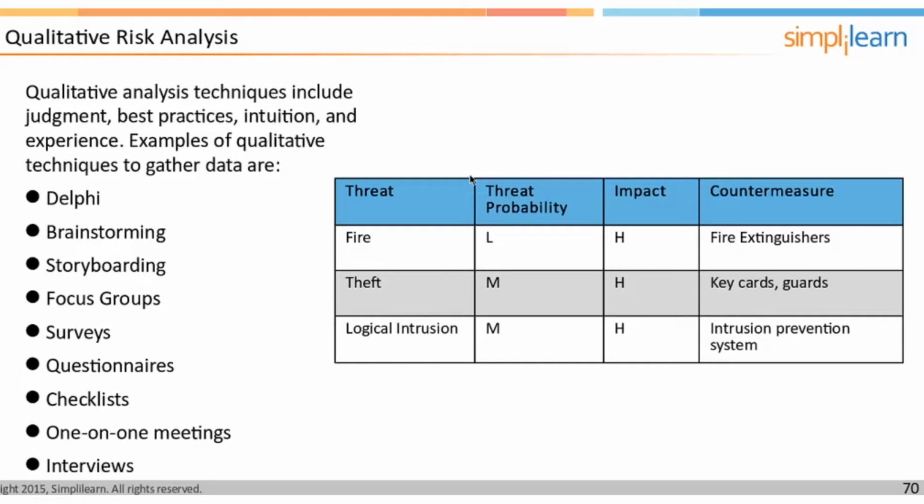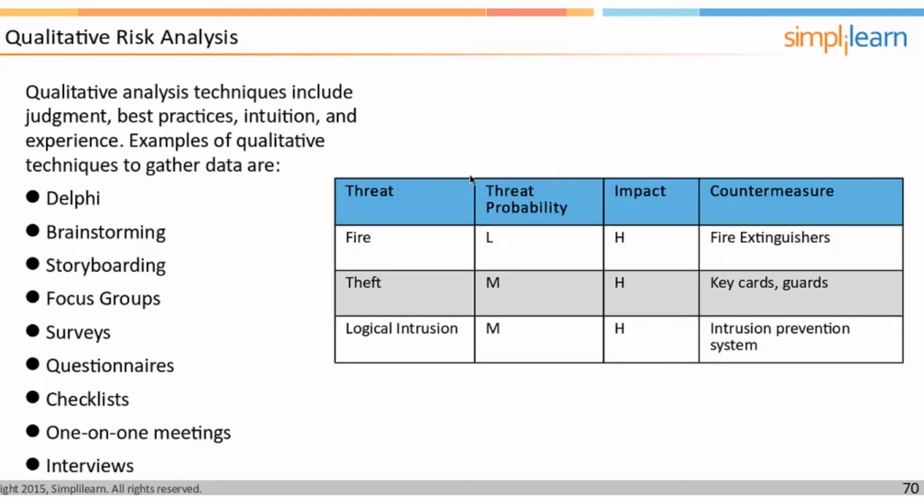You don't have a specific quantity mentioned here, just the figures of low, high, medium, high. These are based on your judgment, or the best practices, or intuition and experience. All of this is subjective in nature. There are many ways you can gather data for this, with methods like the Delphi technique.